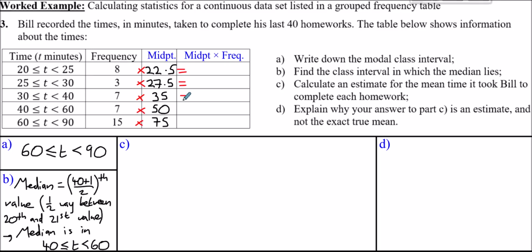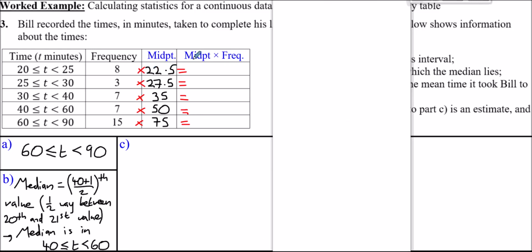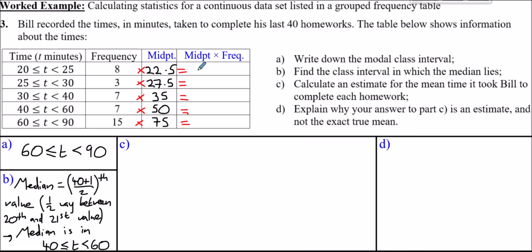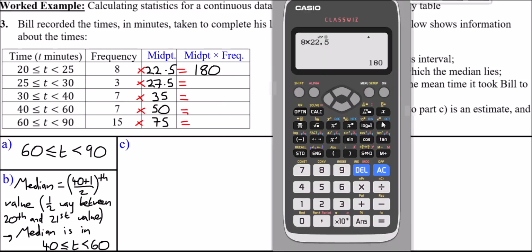So this is where the calculator again comes in handy. So we get the ClassWiz, make sure it's in the normal mode, and the first one we do is 8 multiplied by 22.5. So 8 multiplied by 22.5, that gives us 180. So the first one we input is 180. The next one is 3 multiplied by 27.5.